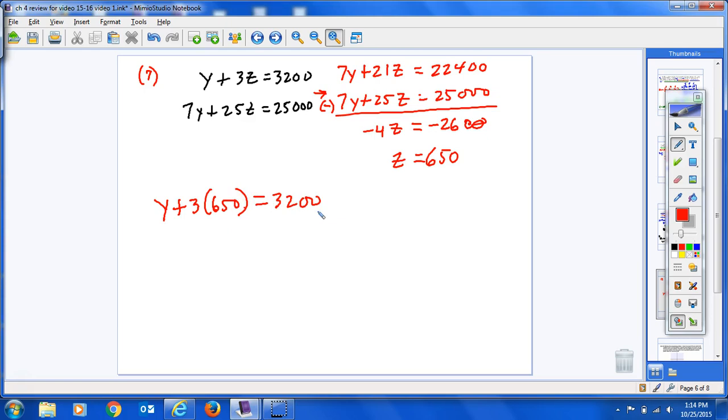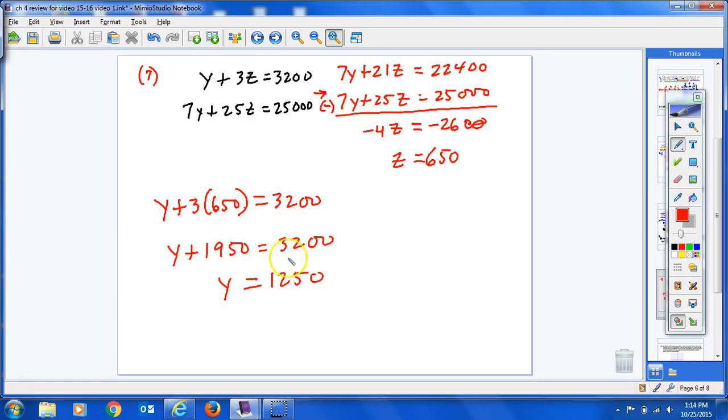So 650 times 3 is 1950. And subtracting 1950 from 3,200 should be 1,250.